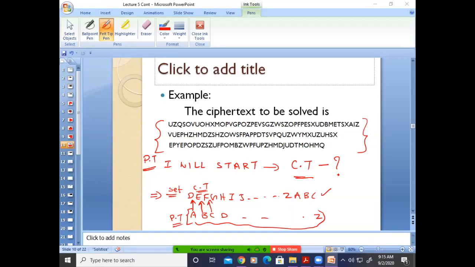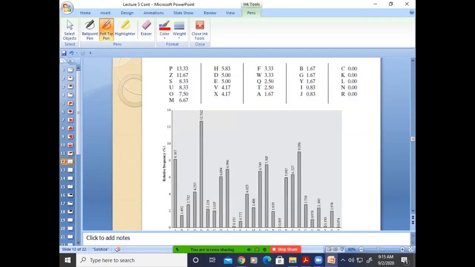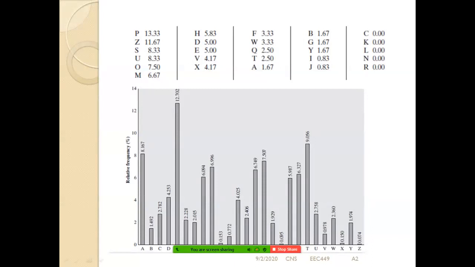That will be based on the message length. Now see how we will proceed. The first step is to find the relative frequency of the letters in the ciphertext. There are so many letters, so we will see how frequently each letter, like A, is coming, and compare with the standard frequency distribution for English. Observe carefully: this is from the given ciphertext. P has frequency 13.33, Z 11.67 and so on.